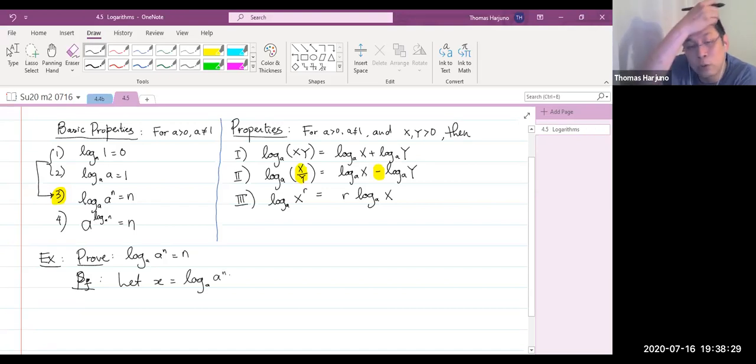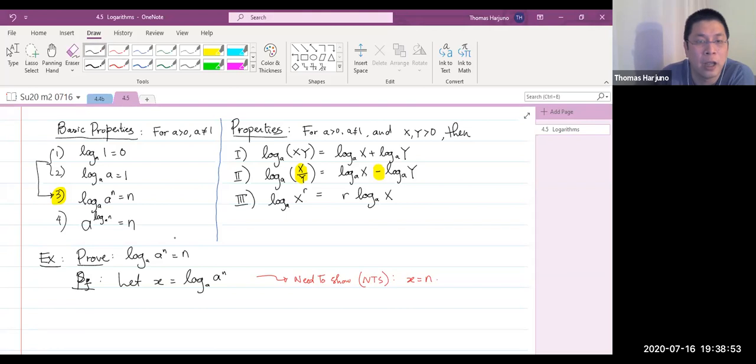Then I need to show that x equals n. In some math journals, you may see the notation NTS, need to show, that x equals n. So let's call that x first, and then we prove that x equals n.